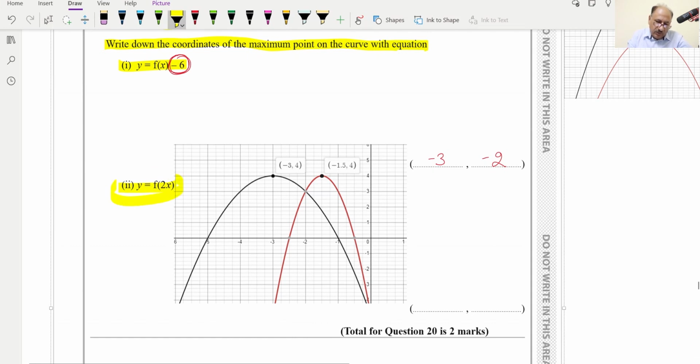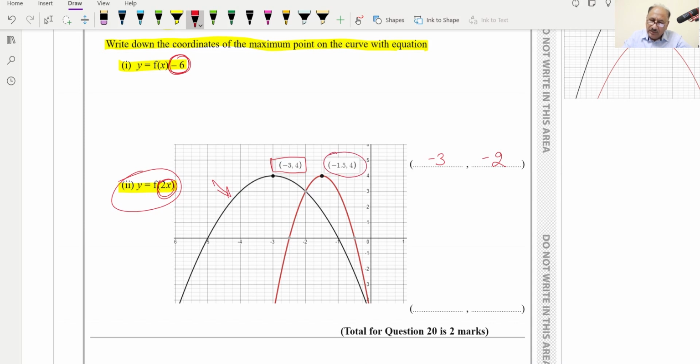This one is y is equal to f of x, and the black color is the original graph which we have drawn, with a point at -3 and 4.